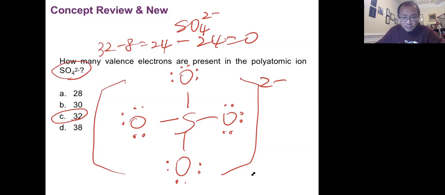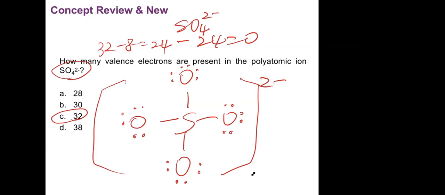Any other questions, guys, about how to draw a correct Lewis structure for molecules and for ions, for polyatomic ions? Okay, yes, I was going to say with this structure, you still have the -2 on the outside. Is that correct?